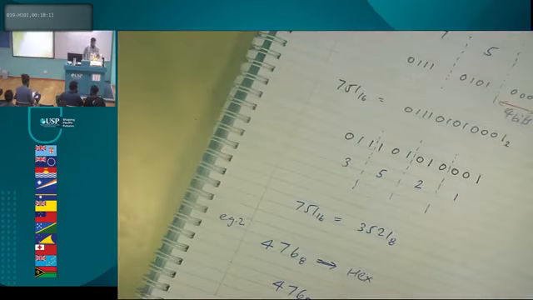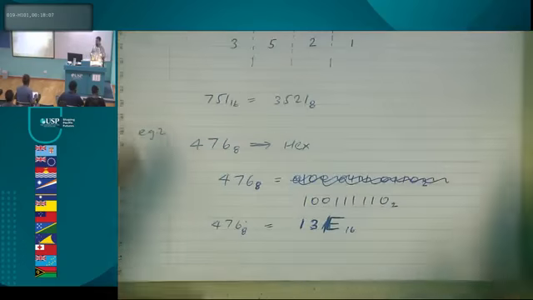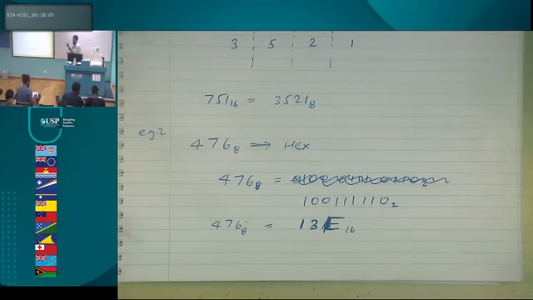Let's have a look at our next topic. We've looked at a bit of number systems. If I give you an imaginary number system, saying I've invented a new number system which is base 6, and I want you to convert this base 6 number to octal or hexadecimal, you should be able to do that using the knowledge I've given you, because it's the same concept.